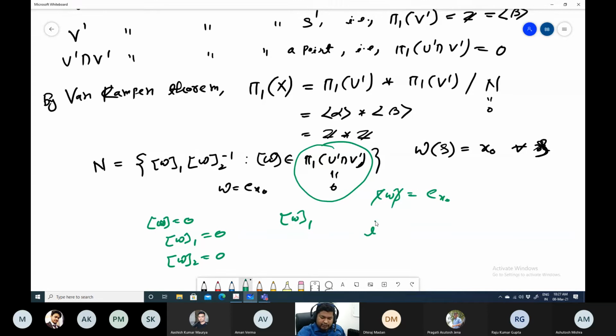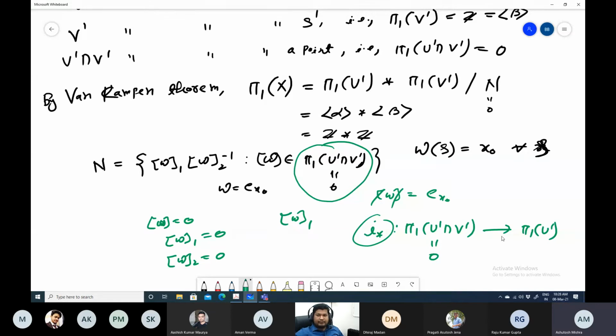That means it is just the inclusion map from pi1 to this. Now if this domain is 0, then the image in the codomain should be 0. So there is no meaning of this n then, right? Yes, sir. Okay. Now any doubt of this problem?